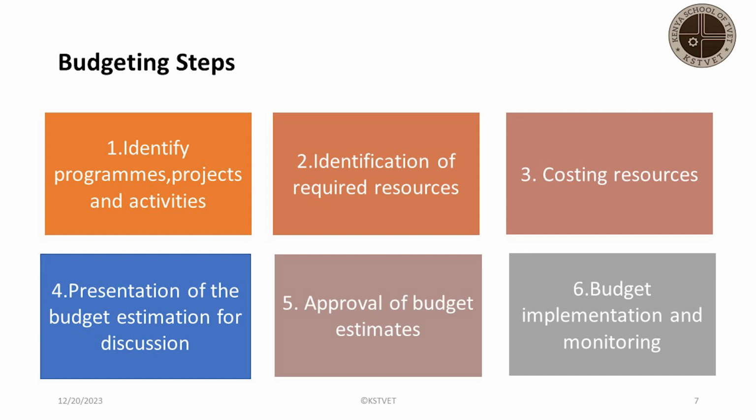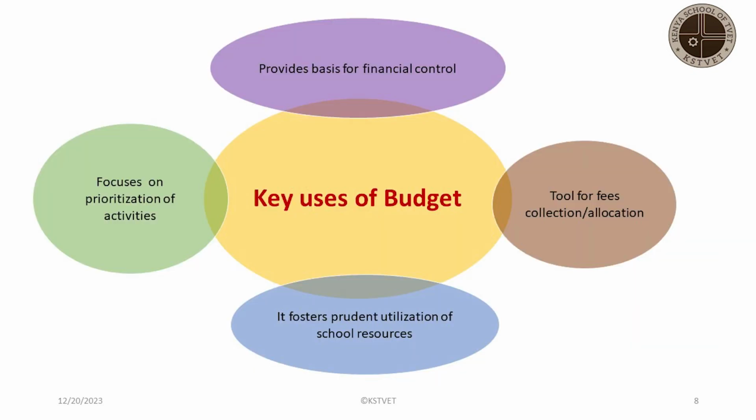Okay, did you get it correct? Budgeting focuses on prioritization of activities to ensure the effectiveness of resources allocation in public learning institutions.